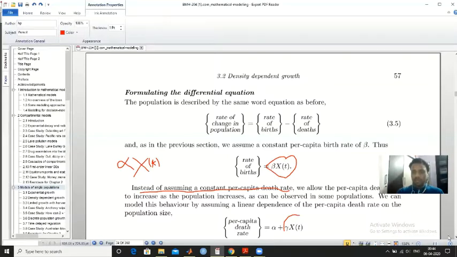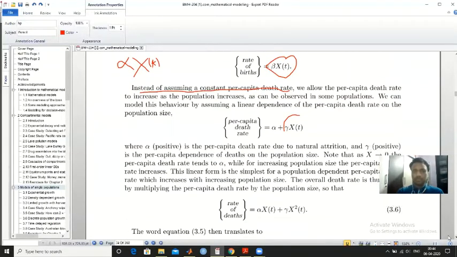But here we allow the per capita death rate to increase as the population increases. In the previous case, this alpha was fixed for each time. But here there is not only alpha, there is some function which depends upon the population size. If the population in the environment is increasing, then the death rate will also increase.